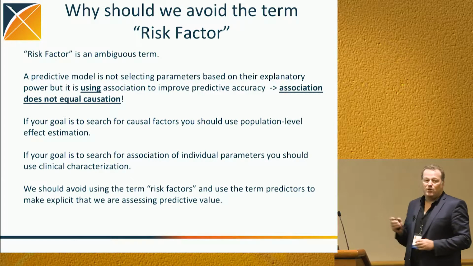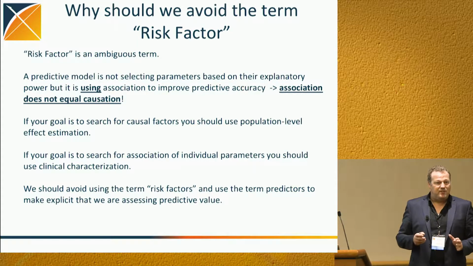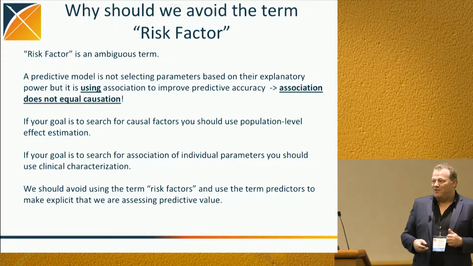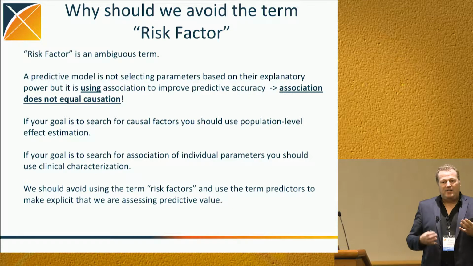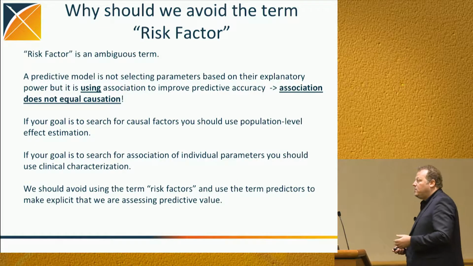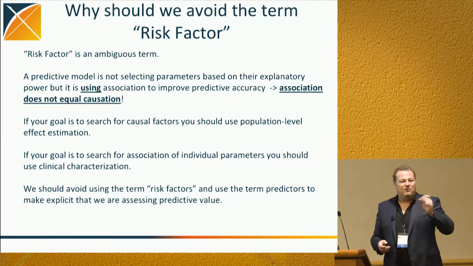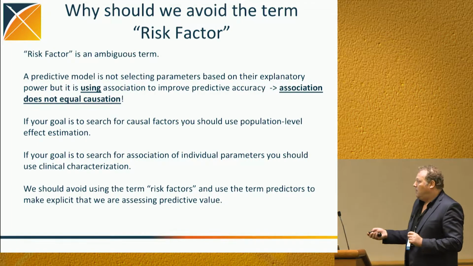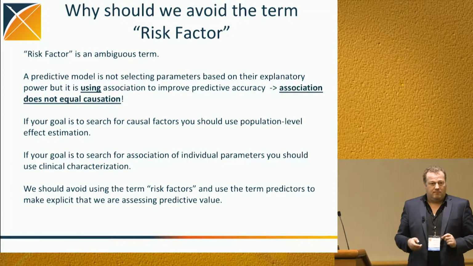If you want to look at causal factors, which is of course also very interesting, you have to look at more like the other tutorial, the effect estimation, where you try to balance two types of patients and correct for all their covariates using propensity score approaches, for example, and then look at the individual effect of adding one variable. This is not done here.